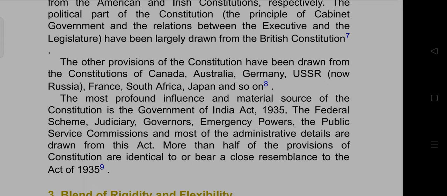The most profound influence and the material source of the Constitution is the Government of India Act 1935. The federal scheme, judiciary, governors, emergency powers, public service commissions, and most of the administrative details are drawn from this Act. More than half of the provisions of the Constitution are identical to or bear a close resemblance to the Act of 1935.